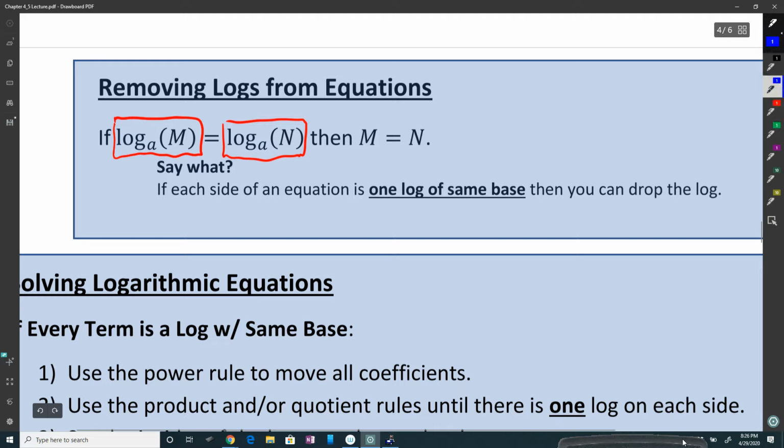So if you have only one log of the same base, so I'm basically just repeating what this is right here. This is the only log, only thing on the left. This is the only thing on the right.